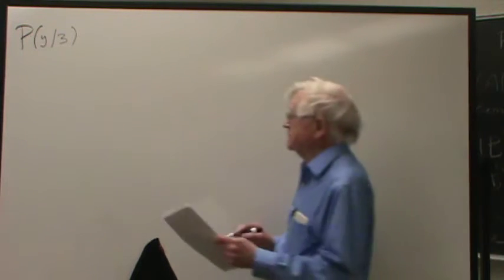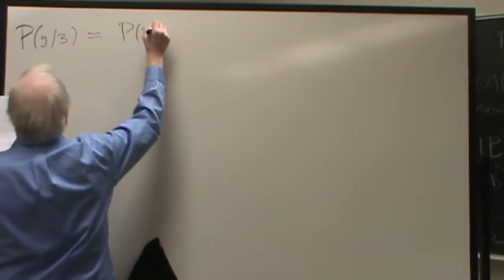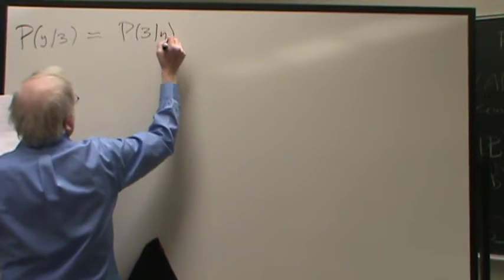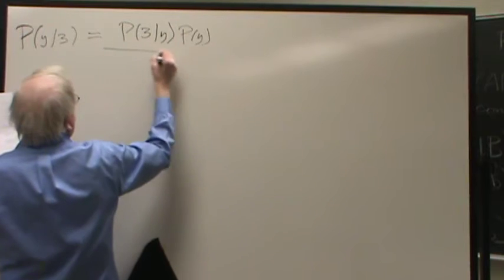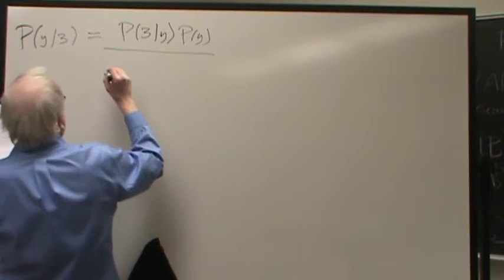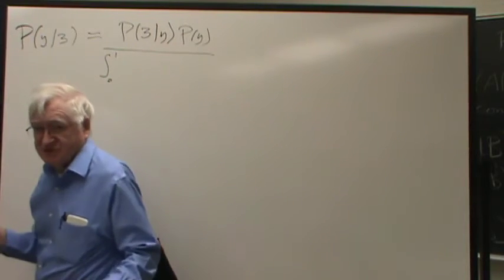Using this formula over here, we replace x by y, we replace b by 3, and what we get is probability of 3 given y, probability of y, but then we divide by an integral over all possible values of y, and probabilities just run from 0 to 1.